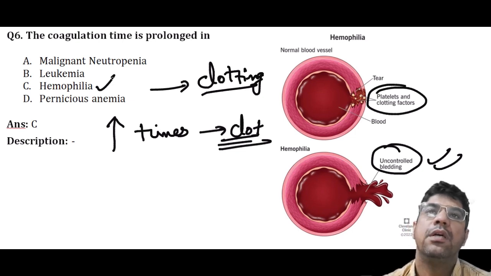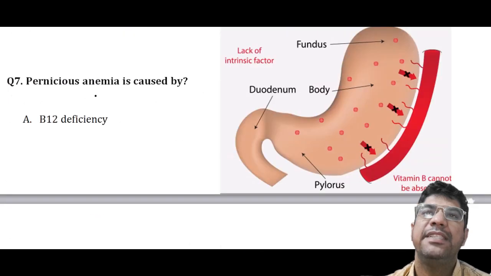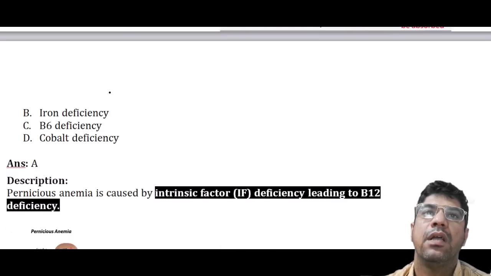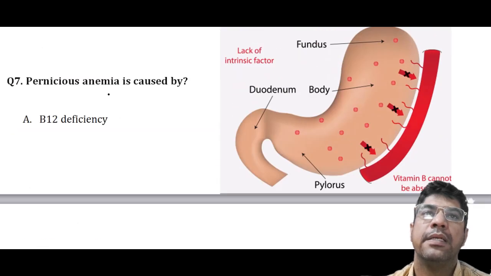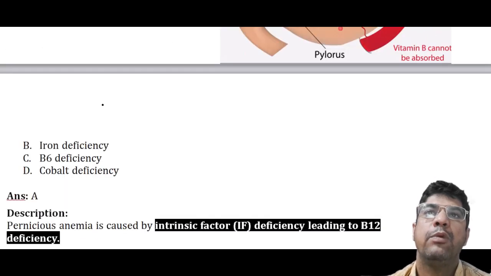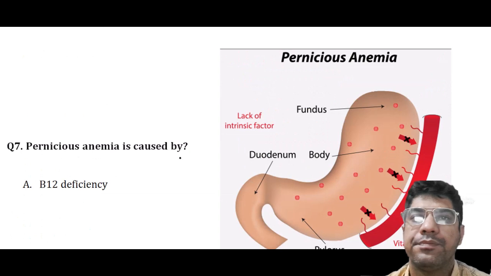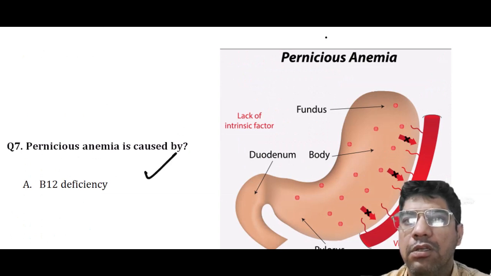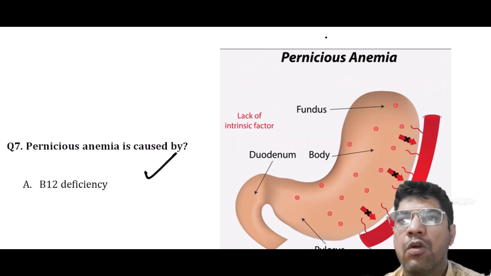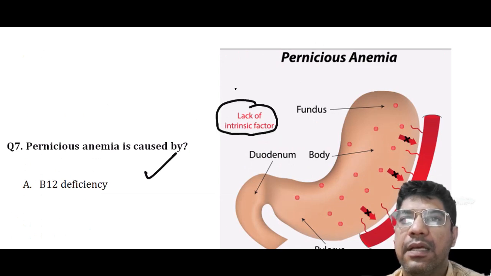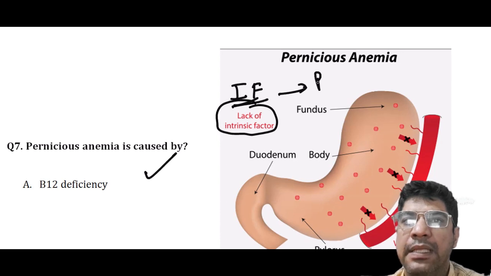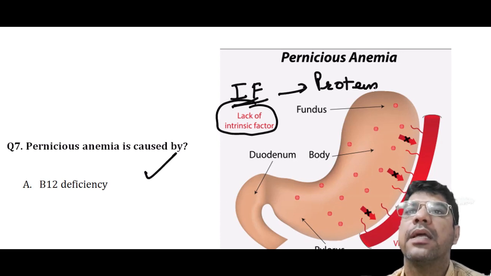Coming to the next question, pernicious anemia is caused by B12 deficiency. Pernicious anemia is caused by deficiency of the intrinsic factor, a protein that is formed in the stomach.